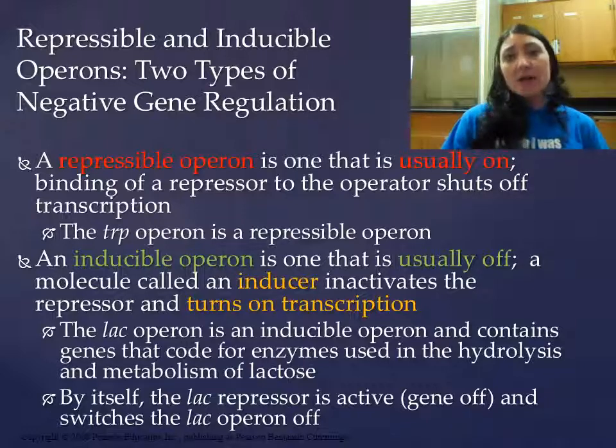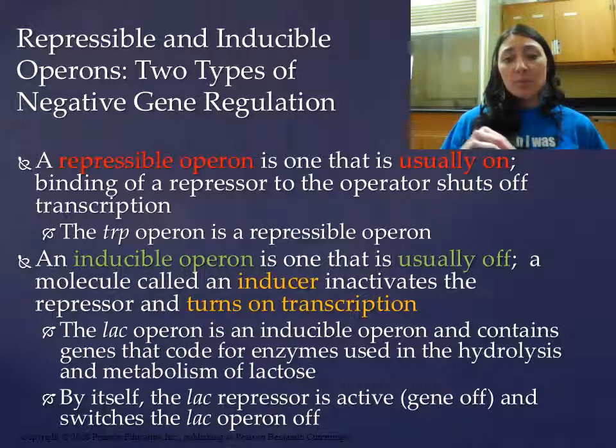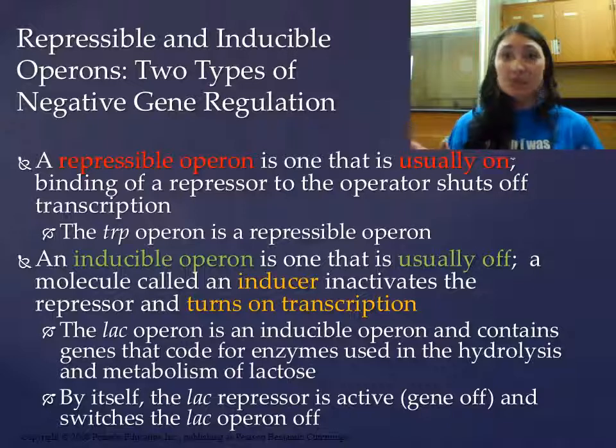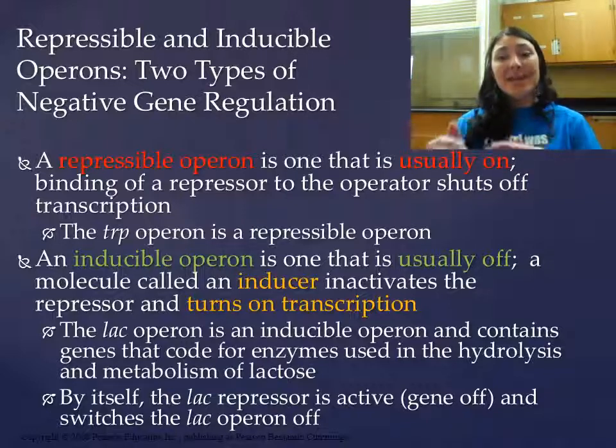The lac operon is an example of an inducible operon, and the genes that it contains are ones that create enzymes that hydrolyze lactose. So it breaks apart the milk sugar lactose into its monosaccharides. So it basically makes lactase. By itself, your lac repressor is typically active, meaning your operator is turned off, it's bound to the operator, polymerase cannot come through and make enzymes to break down lactose.